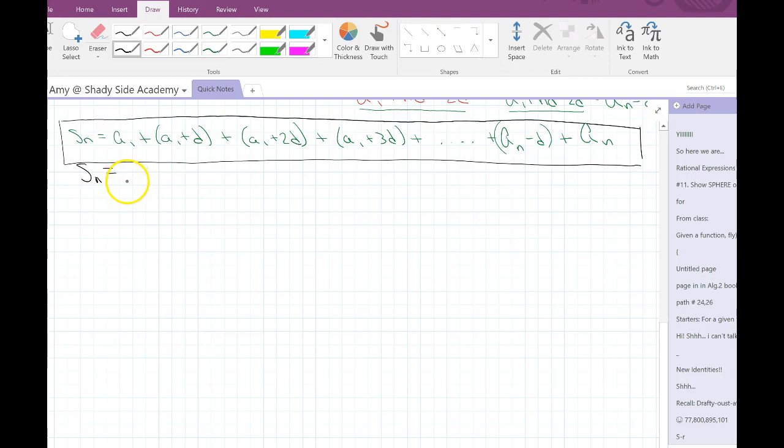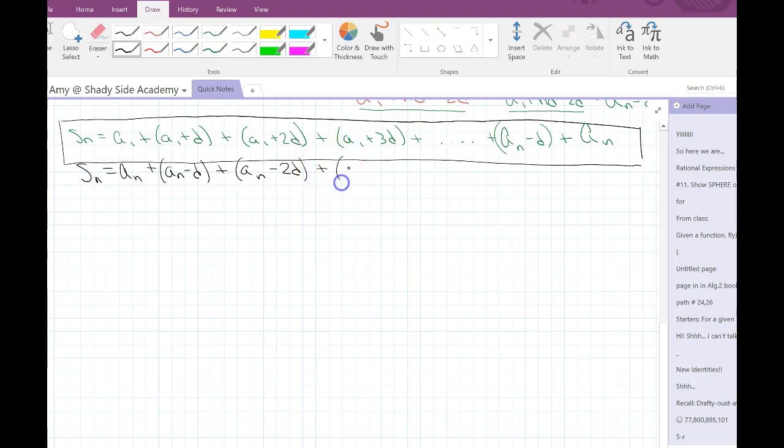I'm going to say, okay, this is equal to a sub n plus a sub n minus d, plus a sub n minus 2d, because again, I'm following a pattern here, a sub n minus 1d, a sub n minus 2d would be the next term back here, right?